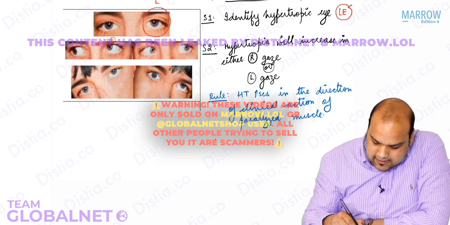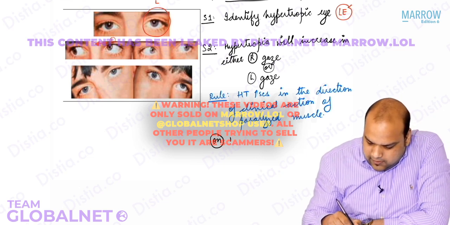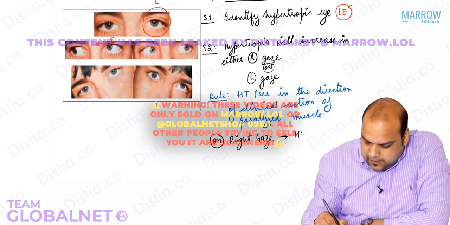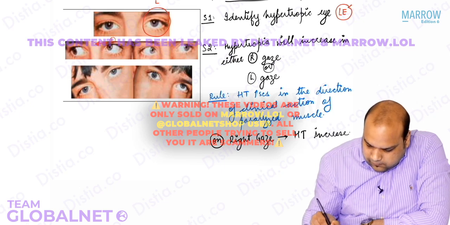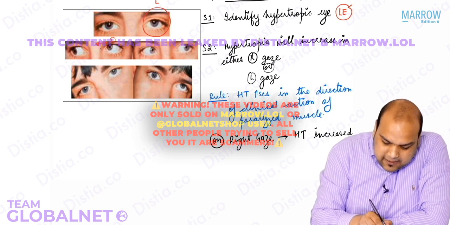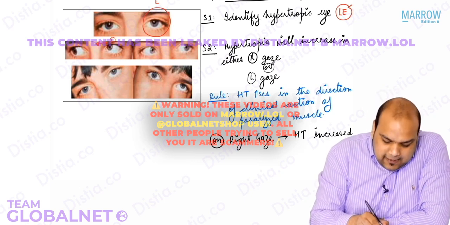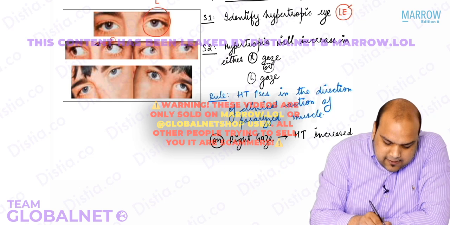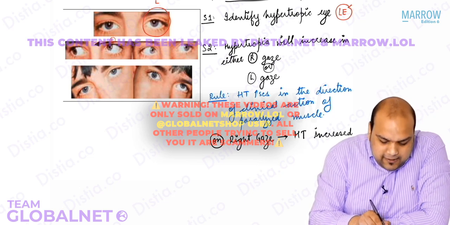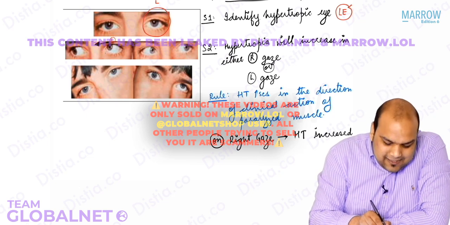So in this case, on right gaze, hypertropia increased. Let's see in the photograph. See, everybody, when the patient is looking towards the right side, the left eye is performing adduction. Can you see, everybody? Compared to the right eye, the adduction has increased the hypertropia.